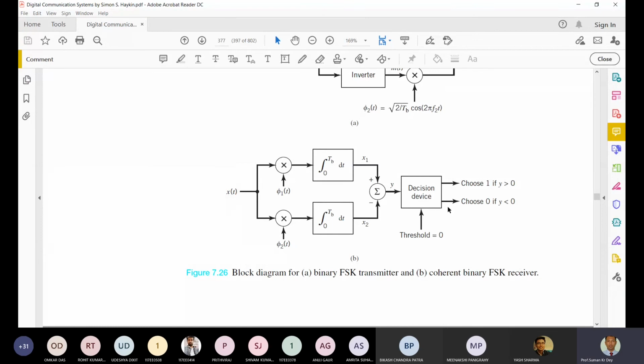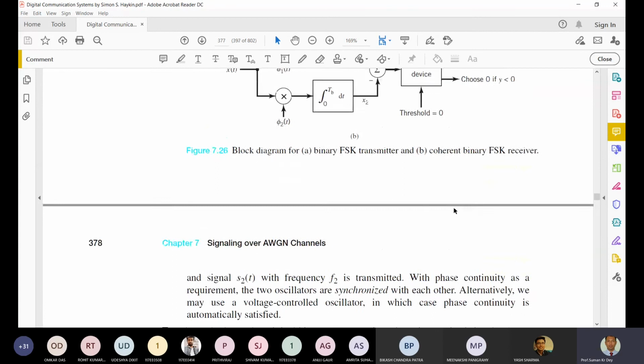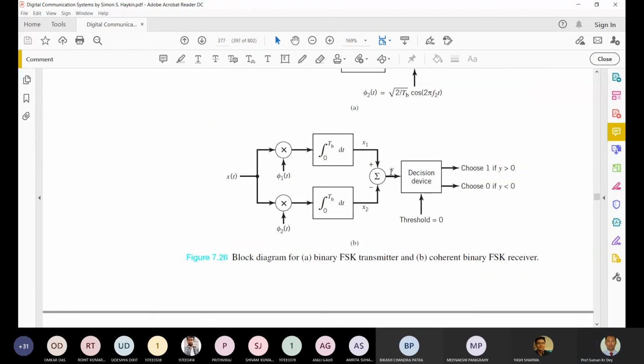Now we can represent Y as a random variable. If x1 and x2 are random variables, then Y is also a random variable, and the mean value of Y will depend on the Gaussian random variables x1 and x2.